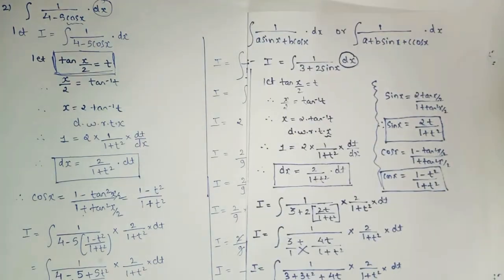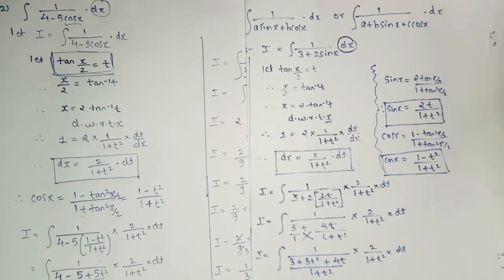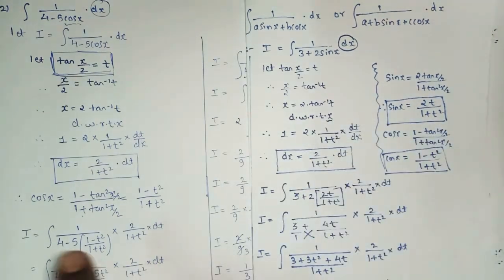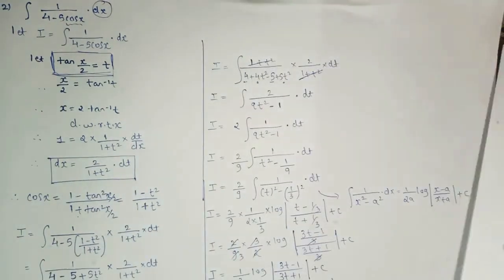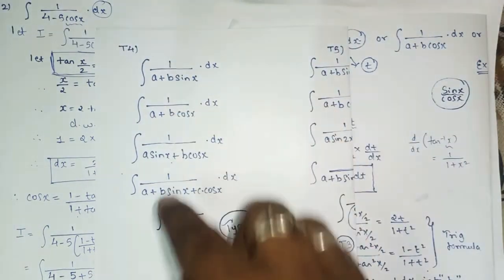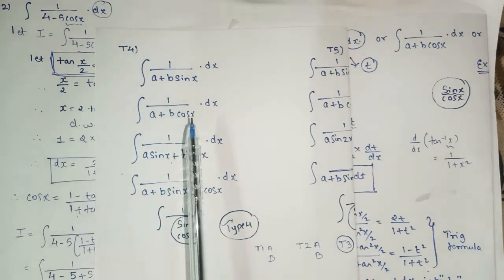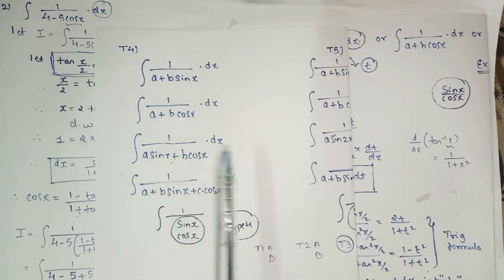Whether it is sine or cos, the step number 1 and the step number 2 were the same, yes or no, for both the questions. That only I had explained in all the four cases, whether it is sine x in the denominator, whether it is cos x, or it contains both sine and cos, the format will be fixed.